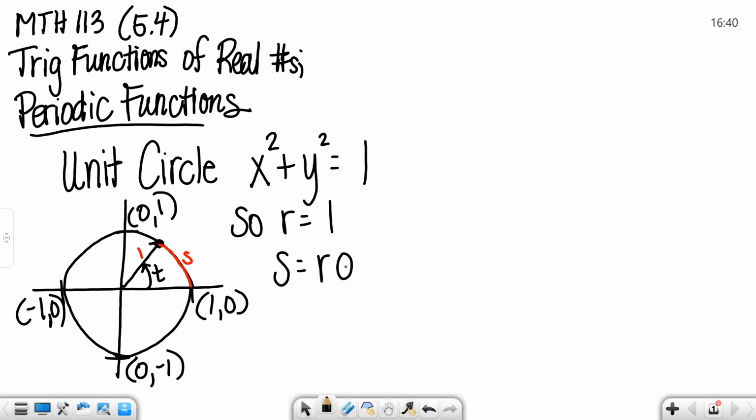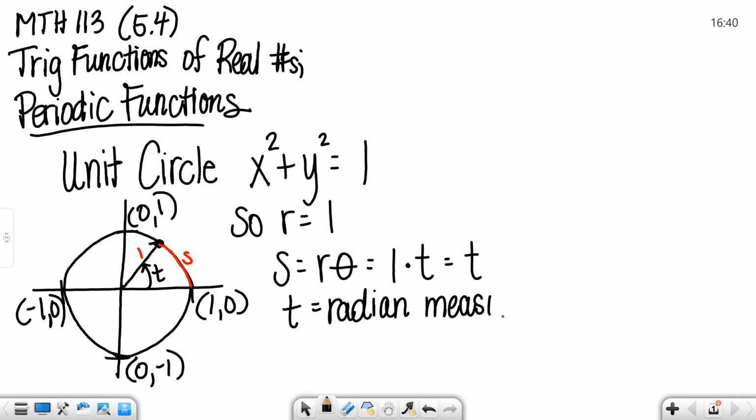S was R times theta. Well, we've just decided that in this problem, R is 1, and we're calling theta T. So S is T. 1 times T is T. And what we need to think of is T is the radian measure of the central angle.